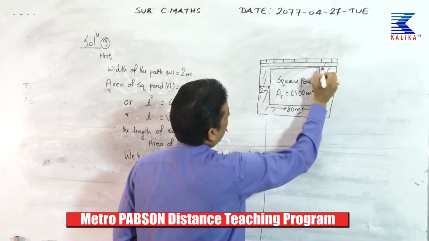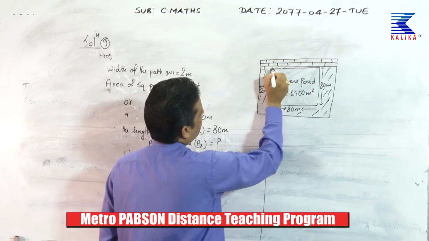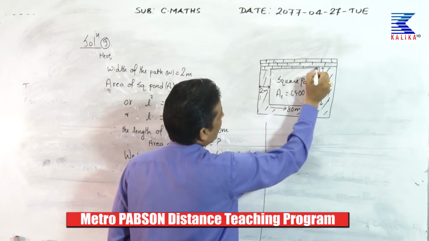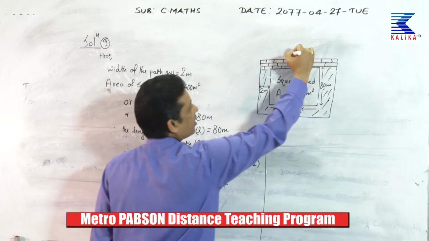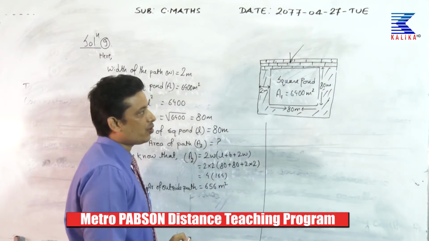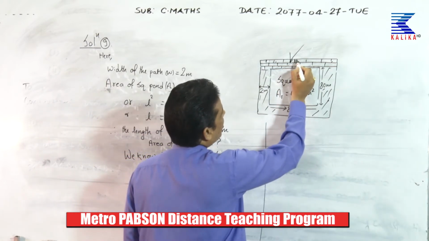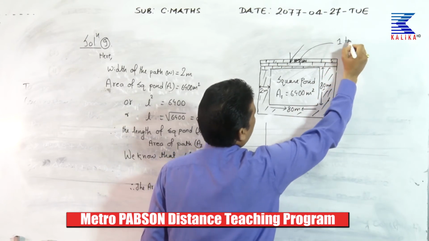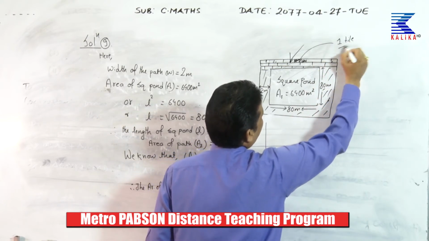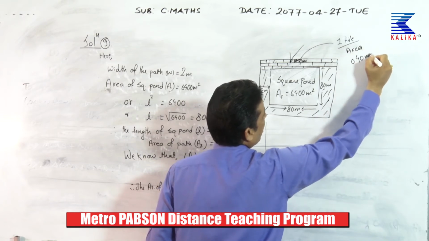Look at the board please. Just for example, dear student, let me show you by making a tile, just to make you clear that the path is being paved by tiles like this. You can see here this part I have shown you by making the tiles. So, let me take one tile. This is one tile and its area is given as 0.40 square meter.